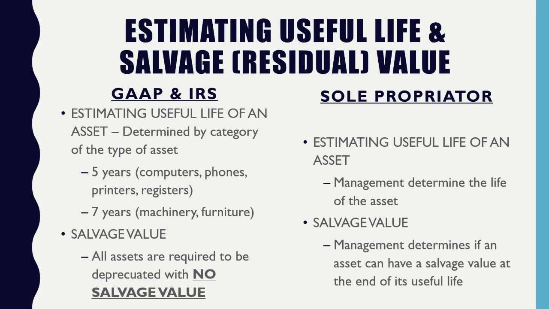So the assumption here is that with research and with understanding how often you use your asset or your equipment, whatever it is, right? Then we're allowed to get away with being able to determine our own estimated useful life. Okay. Same thing goes with salvage value, right?